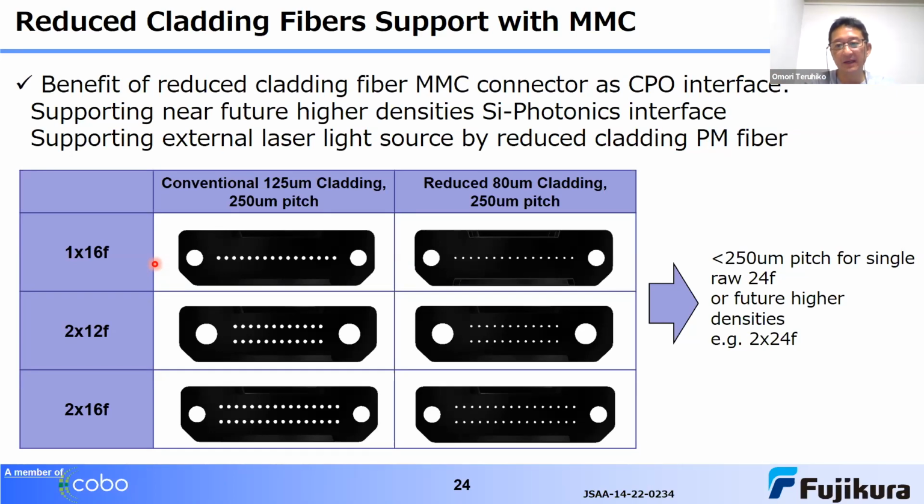And finally, if we employ the 80 micron fiber with 165 micron pitch, we can design a single rod 24 fiber ferrule in the future. It means that in the future, a 2x24 fiber connector will be available.